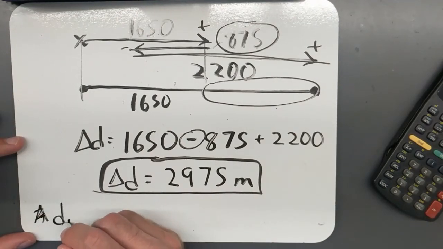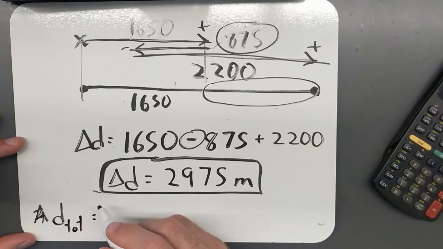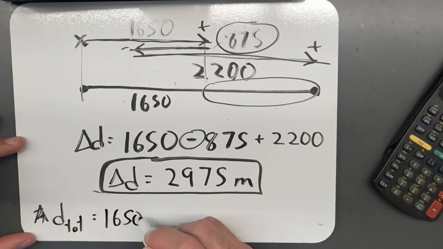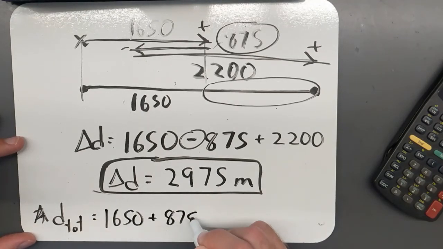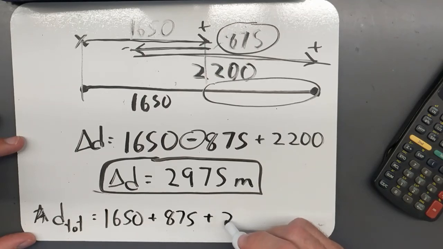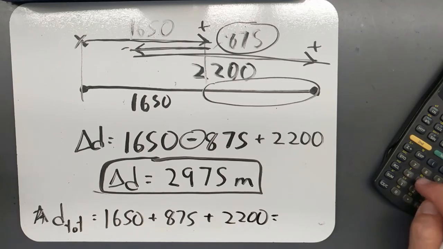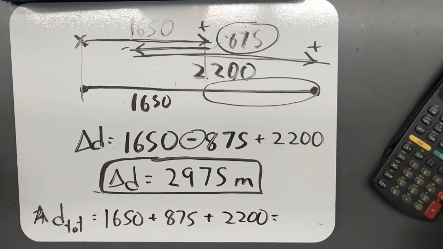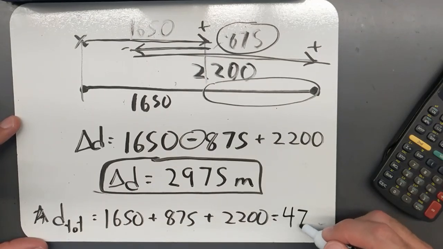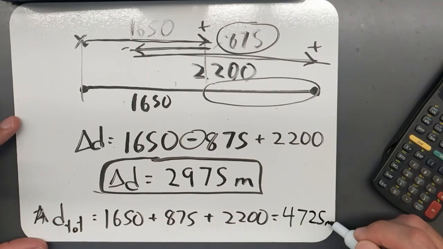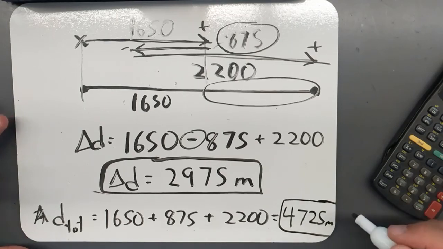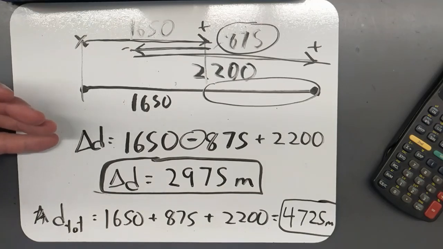So distance total is equal to 1650 plus 875 plus 2200, and we have 4,725 meters in total.